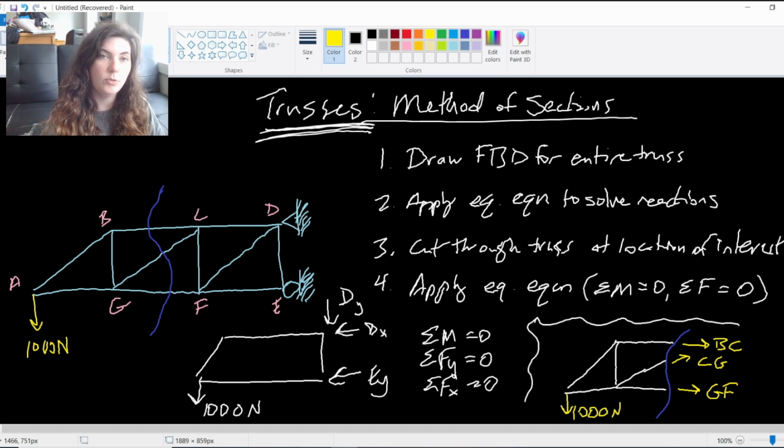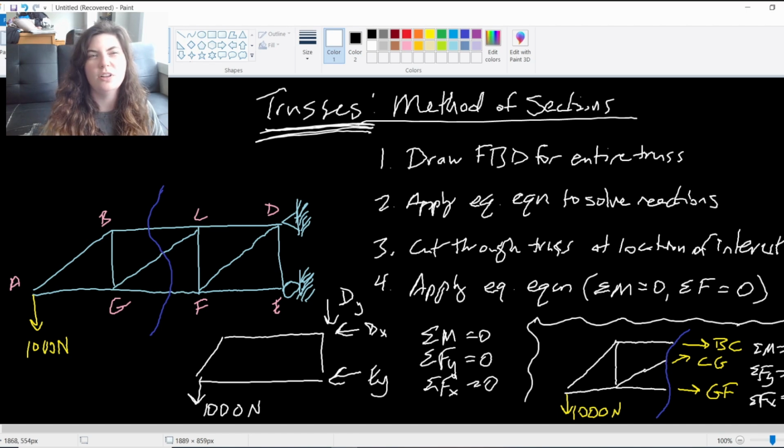So now I'm going to look at just this section of the truss and apply my three equilibrium equations: my moment, my force in the y direction, and my force in the x direction. Since I'm not looking at a single point, but at a portion of the system, I'm going to have three equilibrium equations. My moment is included in this.